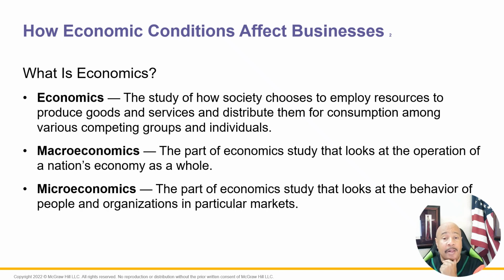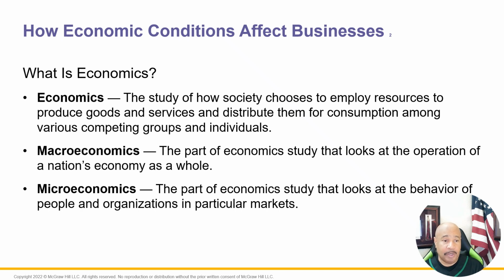Competing groups means that there are other groups that would like some of our resources, and we actually want some of their resources. So if they're competing, then we're going to have some kind of bargaining chip, saying, look, we've got a lot of cotton in America, but we don't have a lot of factories that make clothing. Can we send you our cotton, our raw product, and you turn it into shirts, jerseys, pants? That's that competing group or individuals.